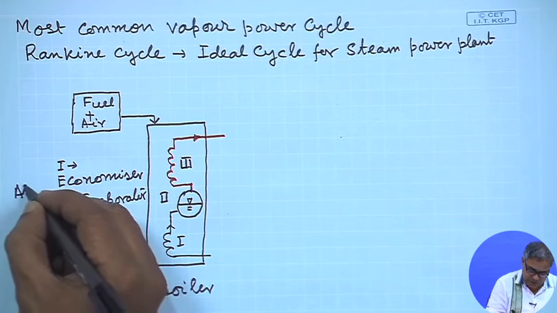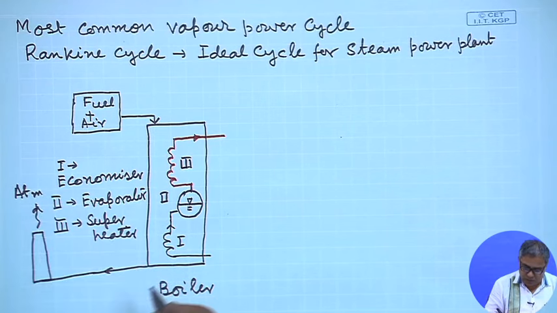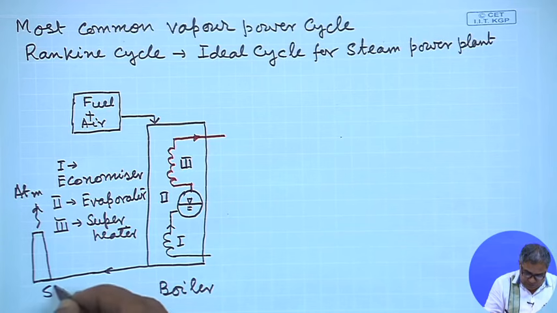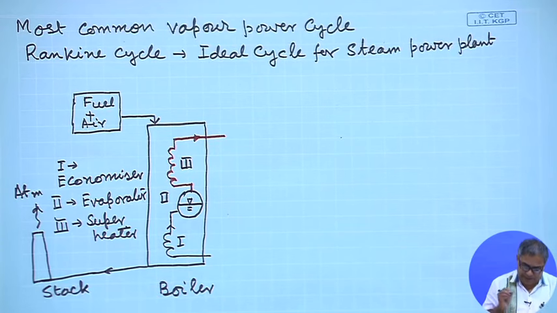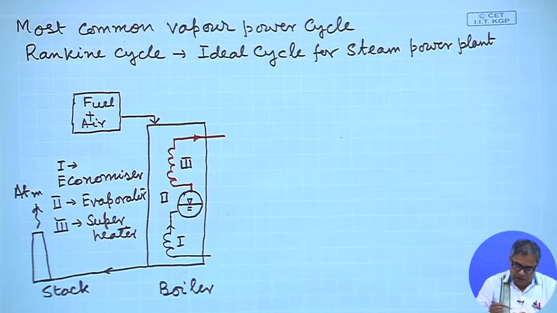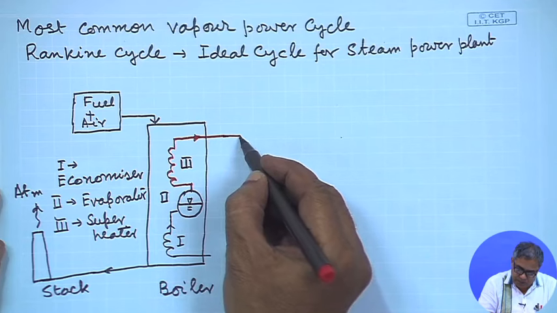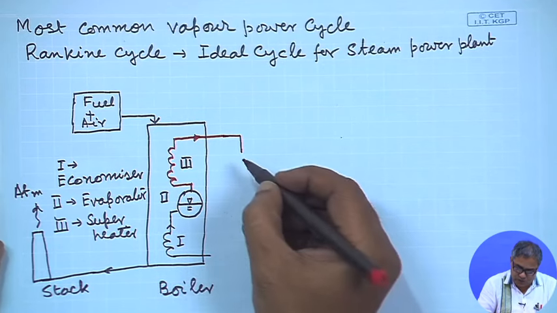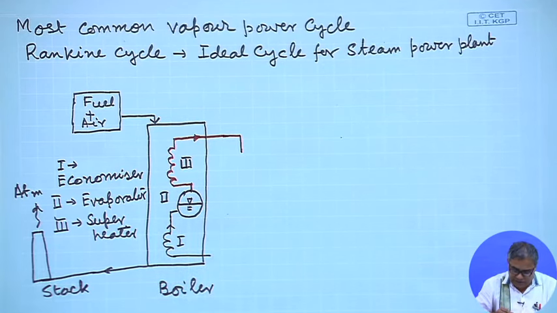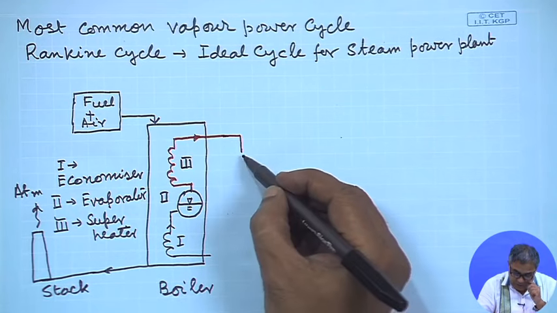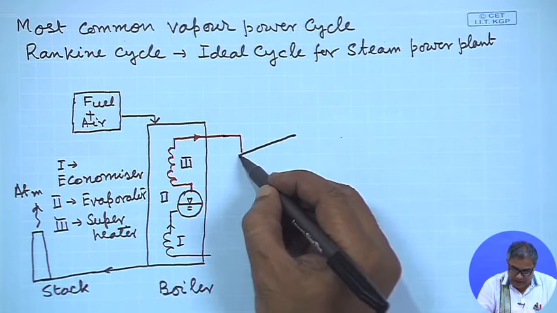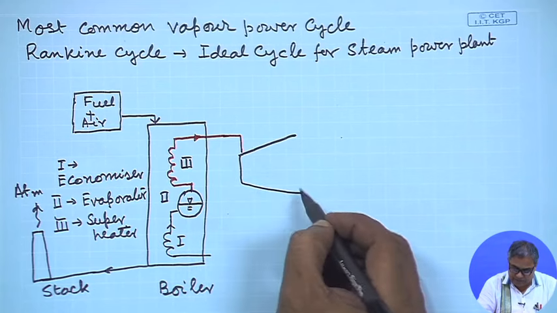This is atmosphere. So, this is stack. Then what is happening from this side? This superheated vapor or steam, which is also at a high pressure, goes into a turbine, and in the turbine it expands.